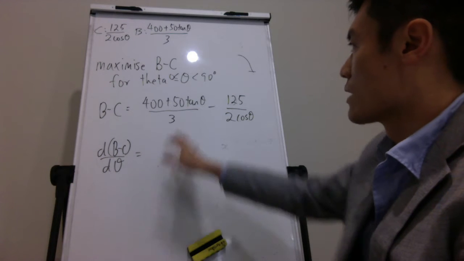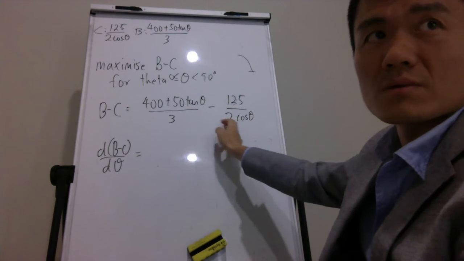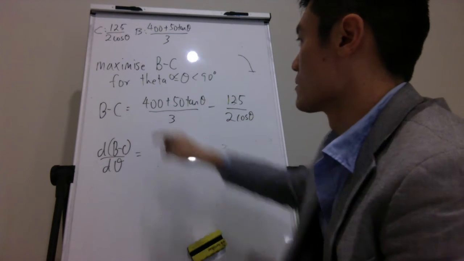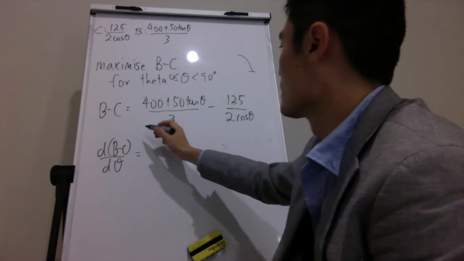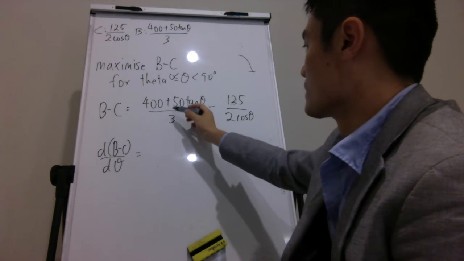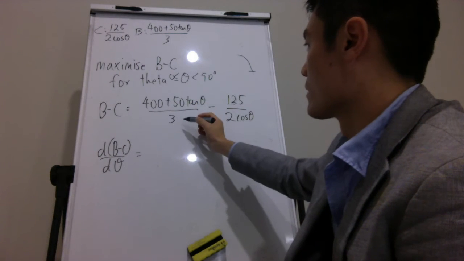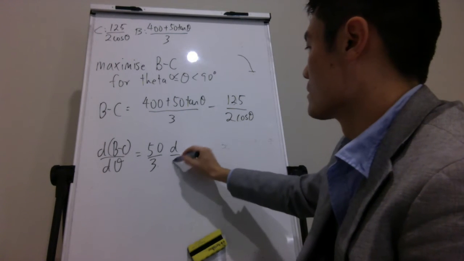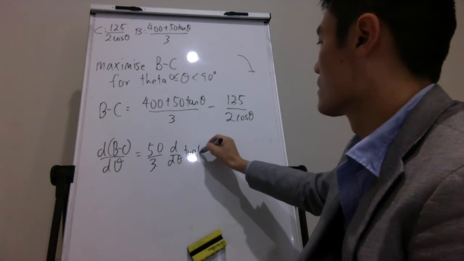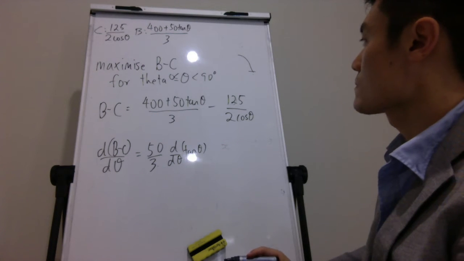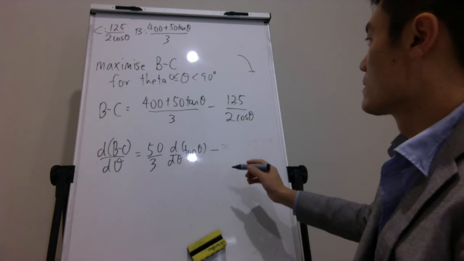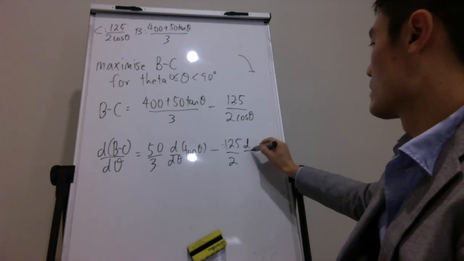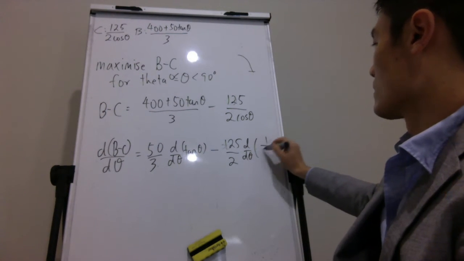When you subtract two things, you can just differentiate them separately, and when you have a constant, it differentiates to 0. So it's the same as differentiating 50 tan theta over 3, or differentiating 50 over 3 and then tan theta, minus 125 over 2 times the derivative of 1 over cos theta.